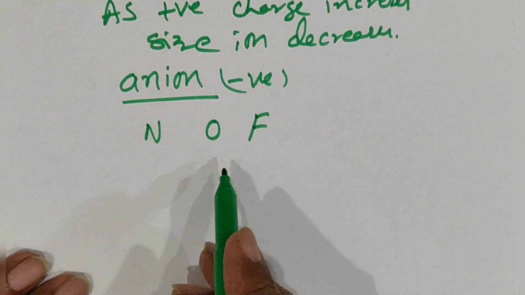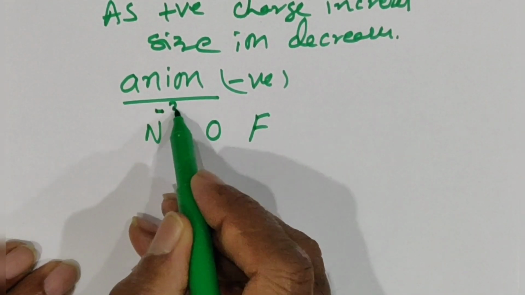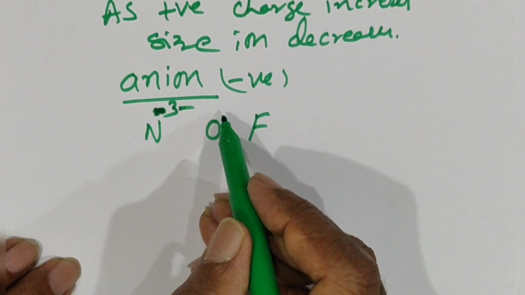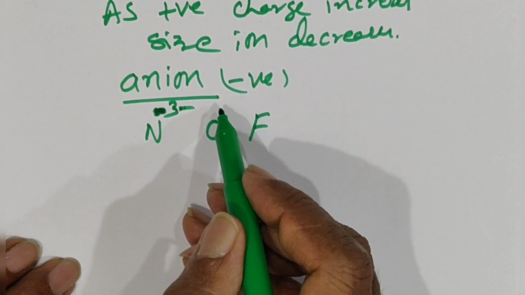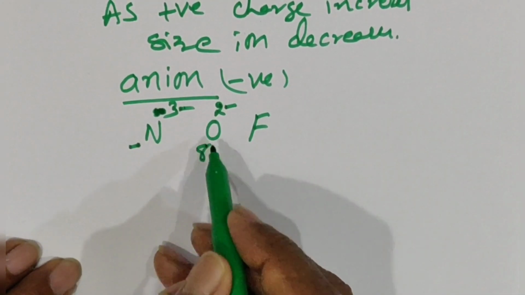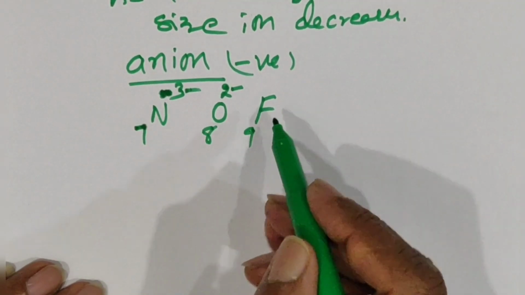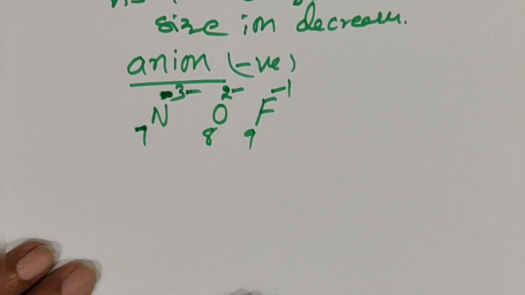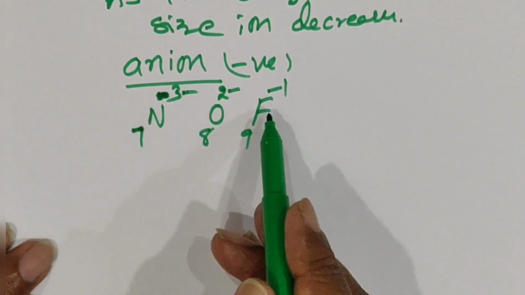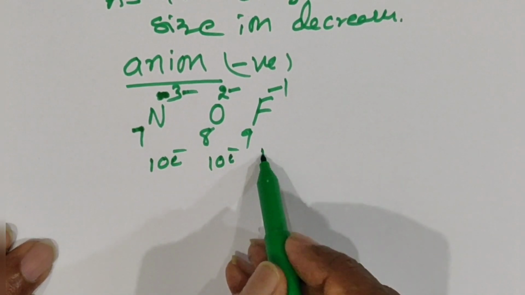Nitrogen gains 3 electrons and becomes the nitride ion, 3 minus. Oxygen gains 2 electrons to get the nearest inert gas configuration; the atomic numbers are nitrogen 7, oxygen 8, fluorine 9. Fluorine gains only 1 electron, then it attains the nearest inert gas, neon, configuration. So all of these have 10 electrons.